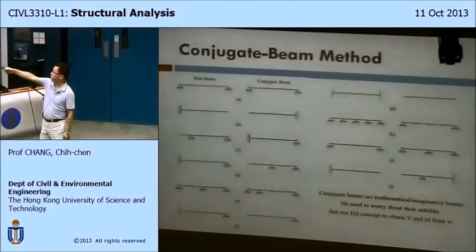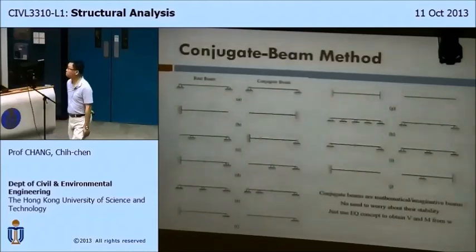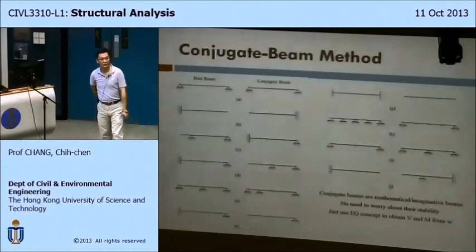So real beam, simply supported. Conjugate beam, simply supported. Clamp, clamp. But the other side, this with an overhang becomes that. So this becomes that. So it's quite interesting.